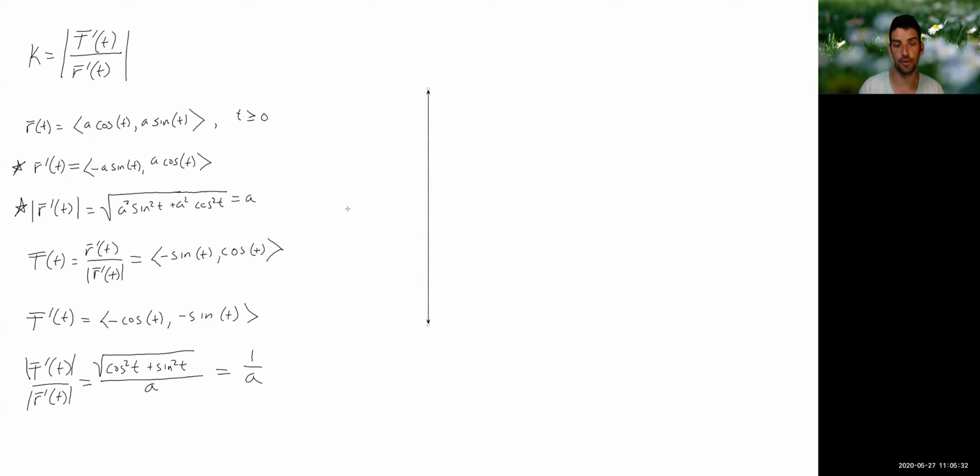Remember, we were measuring the curvature of a circle of radius a. If the circle gets bigger, the curvature gets smaller because a is our radius. If the circle gets bigger, we're getting a larger and larger denominator. We're getting a curvature closer and closer to 0.